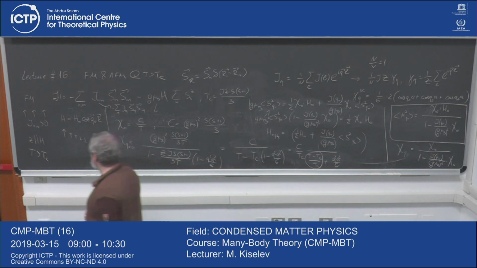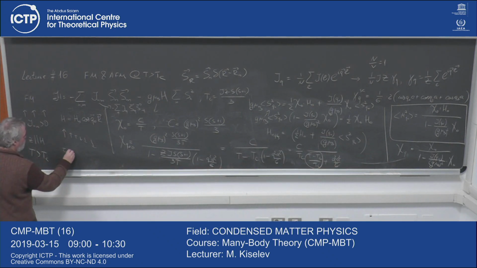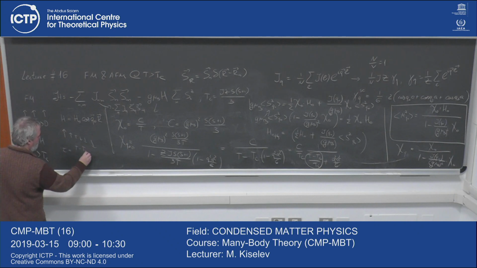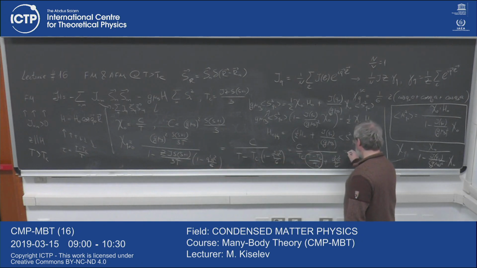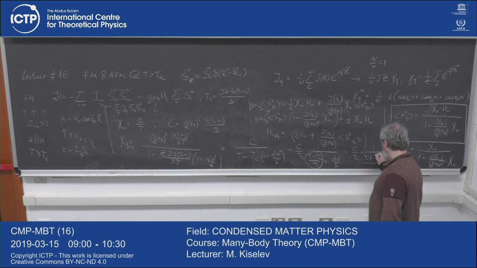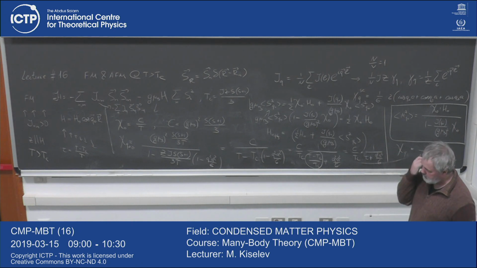This is characterizing how close we are to the phase transition point. And therefore, we have here C over Tc times 1 over tau plus q square a square over 6.